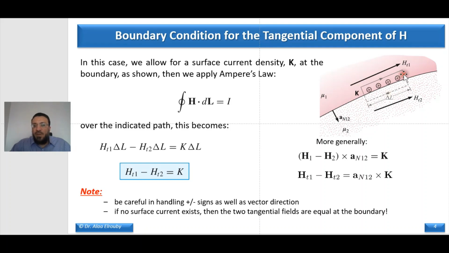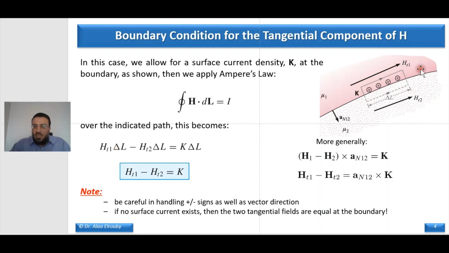The effect on this integration is only coming from the top side, which is the part of the contour parallel to the boundary, and the bottom part of the contour parallel to the boundary. This one here, H dot dl, is H1 tangential multiplied by delta L. This one is H2 tangential multiplied by delta L.